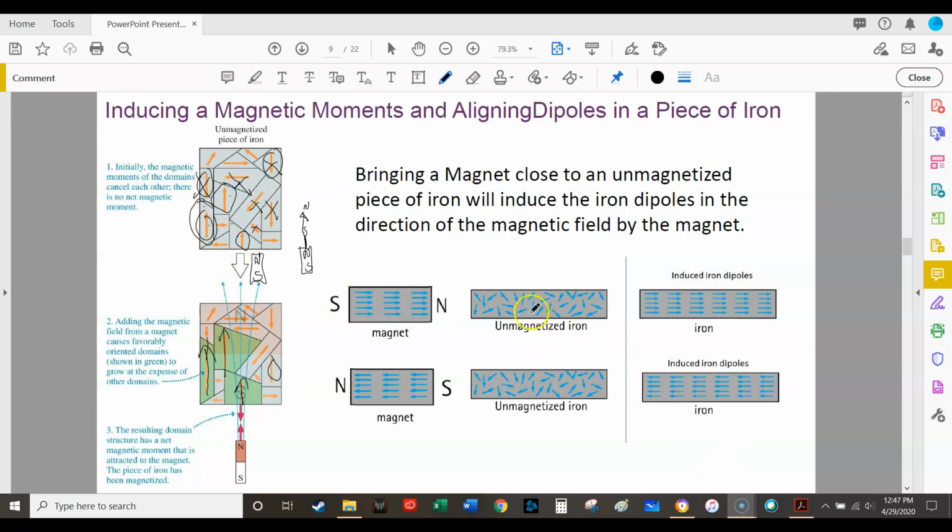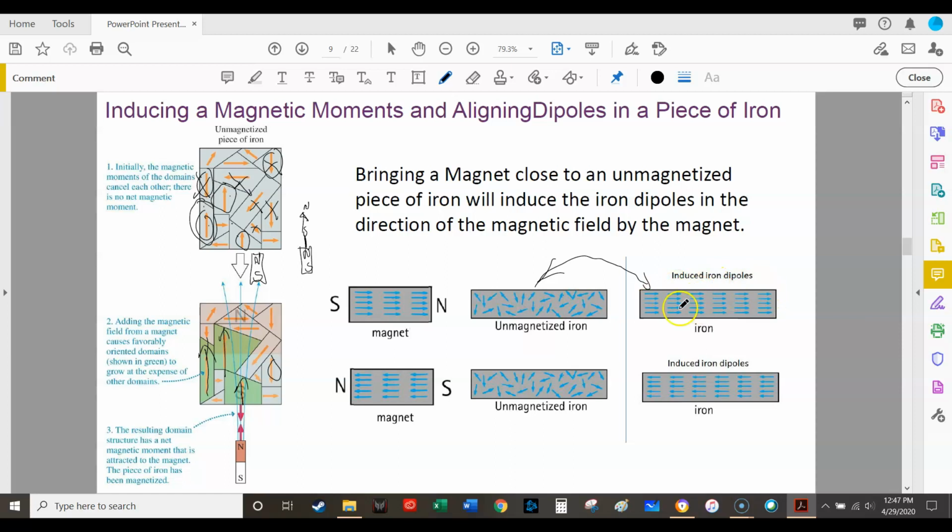Another way of thinking of it in an overly reductive term is that when you bring a magnet close to an unmagnetized piece of iron, it induces the poles and tries to get them to point in the same direction, right?